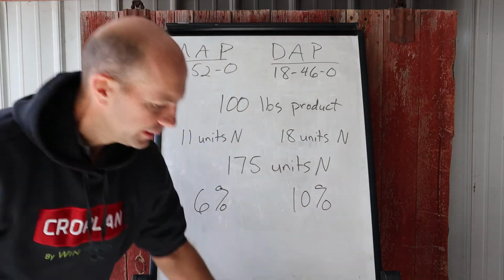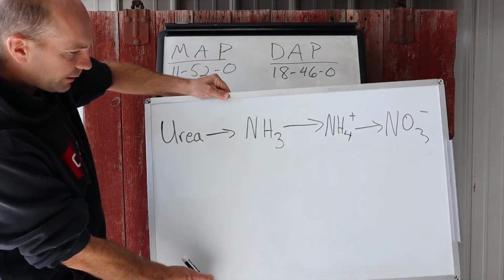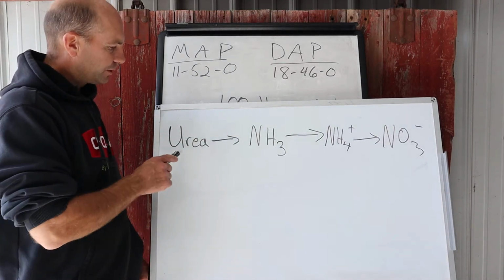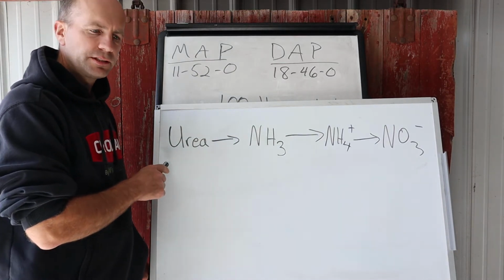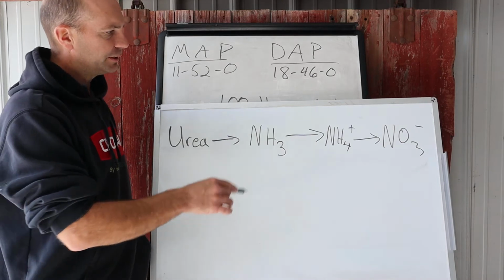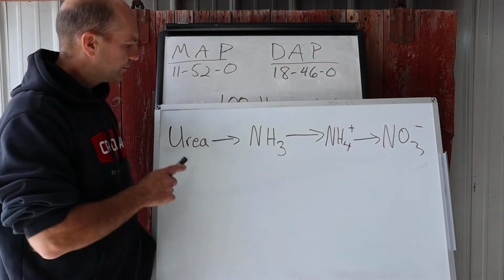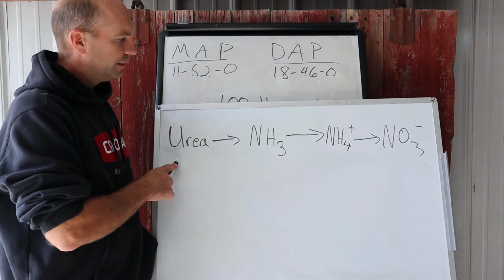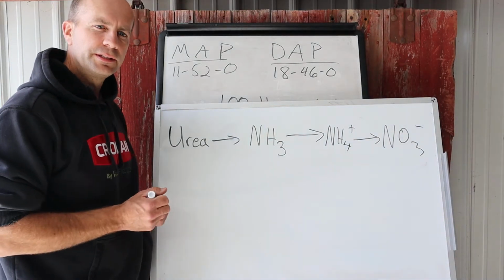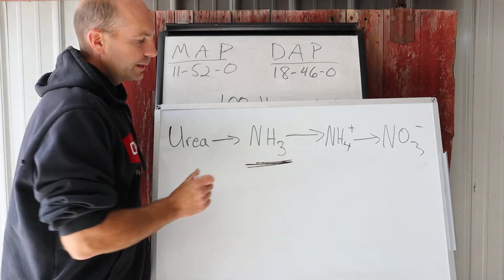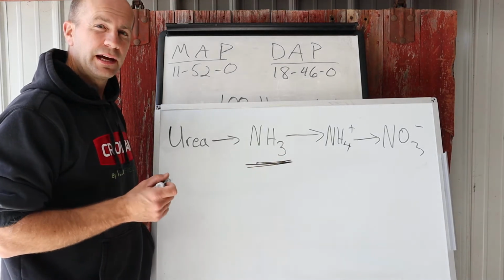But first of all, it is a small percentage of the total nitrogen we need, and that's the first thing to keep in mind. Now, if we take a step back and look at how that nitrogen behaves in the soil, I'm going to switch over to urea just for a second and talk about how urea behaves in the soil and how that compares to the nitrogen credit from our MAP and our DAP. If you apply urea to the soil, the first thing that happens is that it converts over to ammonia, chemically the same as anhydrous ammonia.